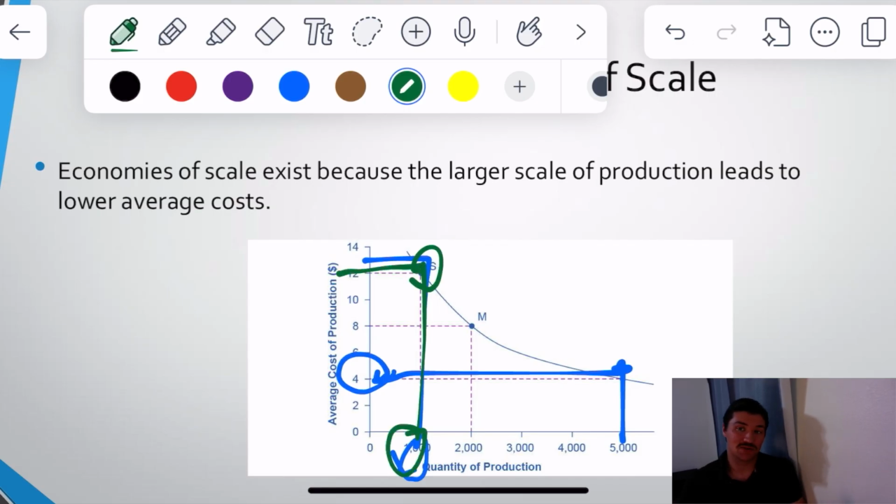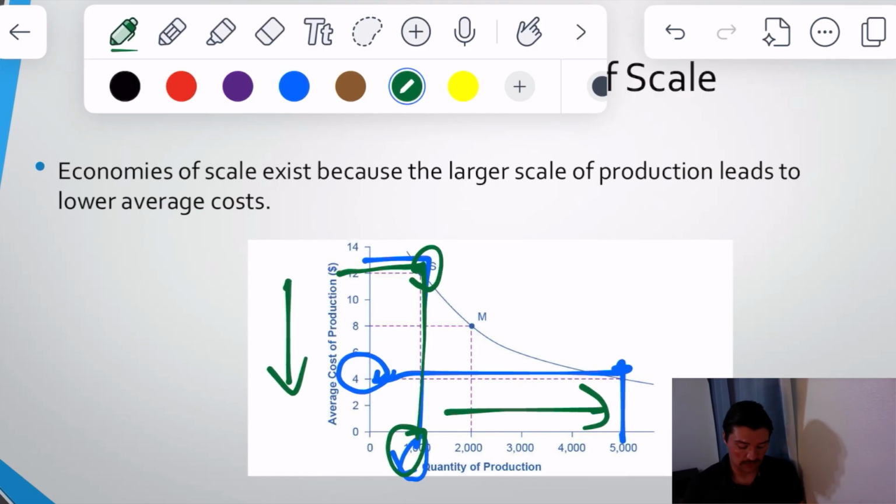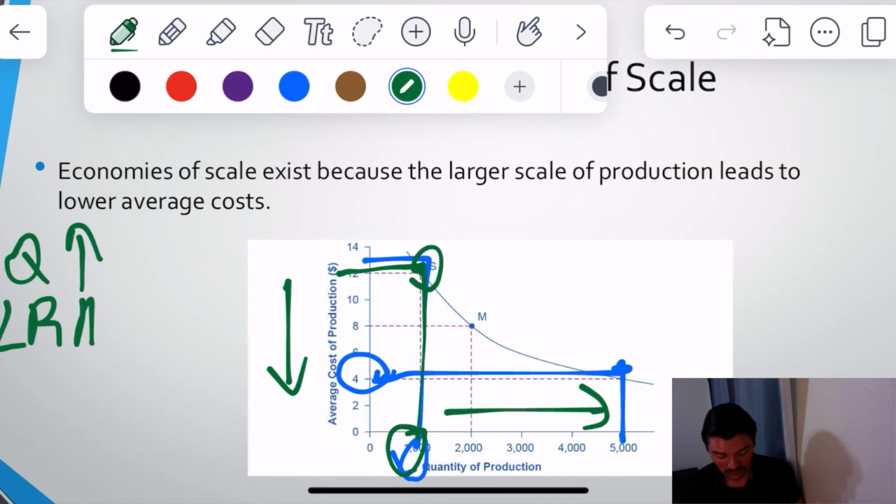But as they switched to warehouses, they can produce more, and the average cost of producing out of the warehouses has decreased. That's our economies of scale: as we increased our production, the average cost in the long run, because everything is variable, is decreasing.